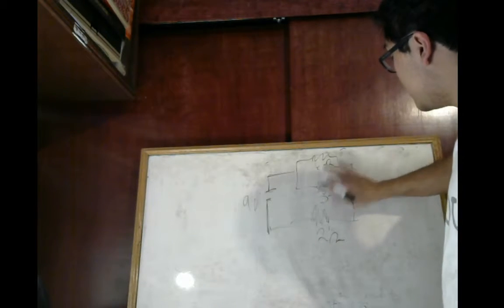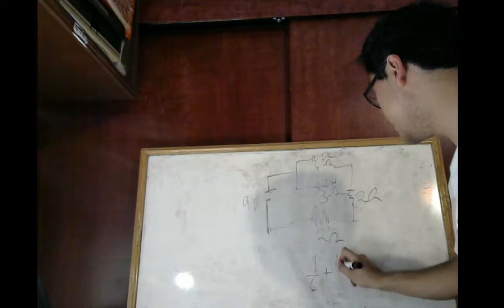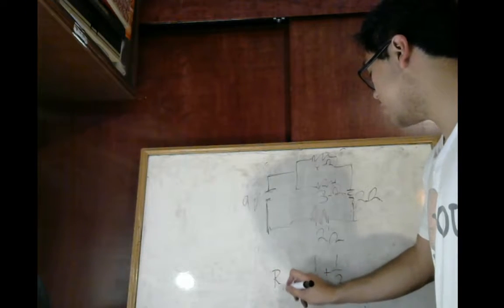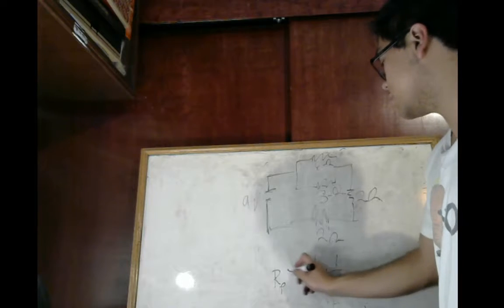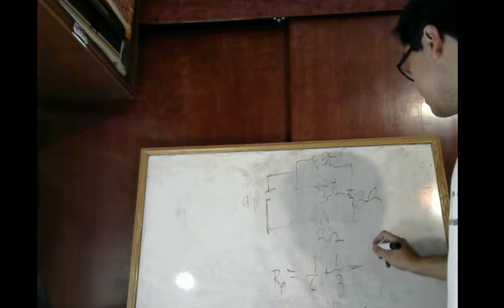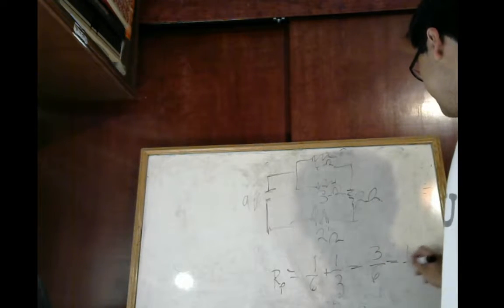Perfectly. Now, as we have already said, this is a parallel circuit, so it would be 1 over 6 plus 1 over 3, alright? I will call this RP, resistance partial, and that would mean 3 over 6, which is 1.5 ohms, right?